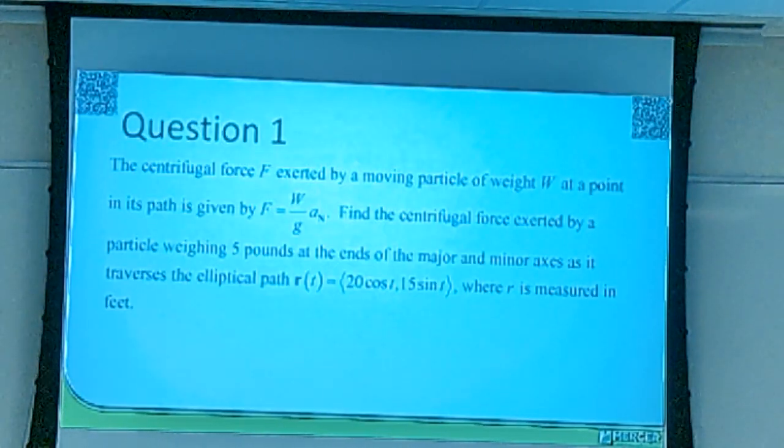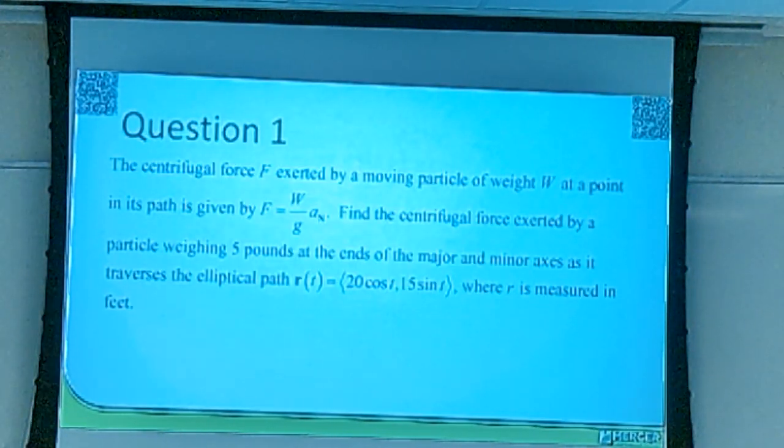Centrifugal force exerted by a moving particle of weight capital W at a point in its path is given by capital F equals capital W over g times the centripetal acceleration. We're going to find the centrifugal force exerted by a particle that weighs 5 pounds at the ends of the major and minor axes as it traverses the given elliptical path.